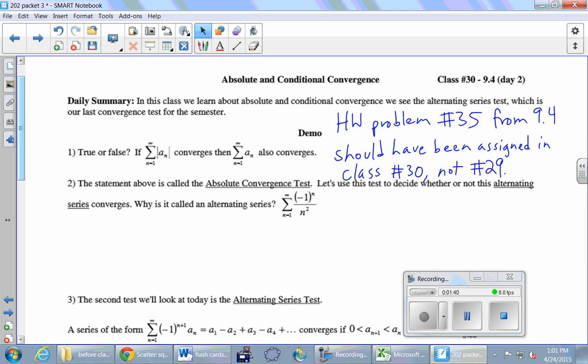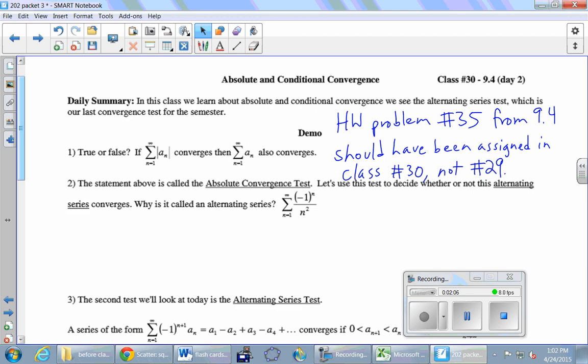Okay, so number one, is it true or false? It says if the sum of the absolute value of a sub n's converges, then the sum of the a sub n's without the absolute value also converges. Let's think about this. This semester, almost all of the series we've been talking about have just been positive the whole time. Occasionally we'll have one that alternates between plus signs and minus signs, but most of them have been straight positive.